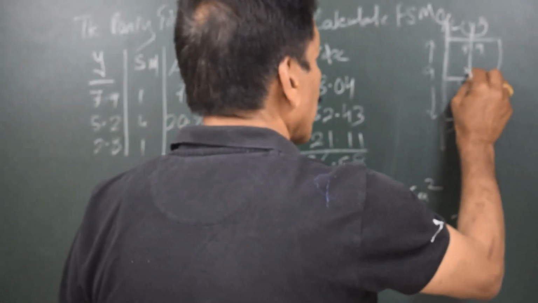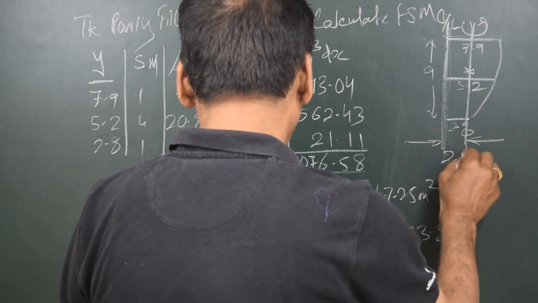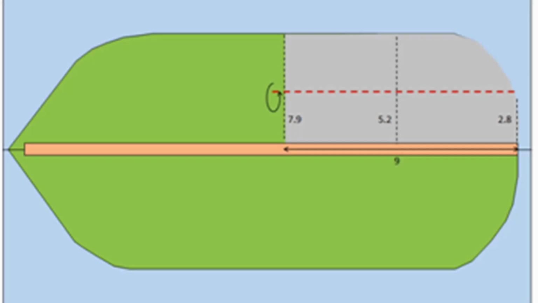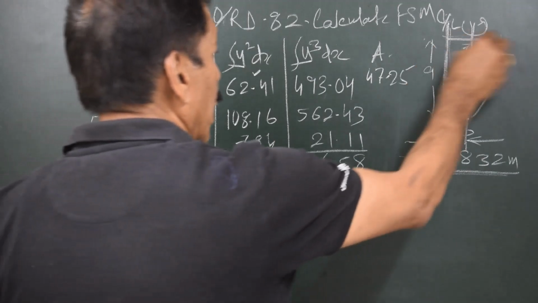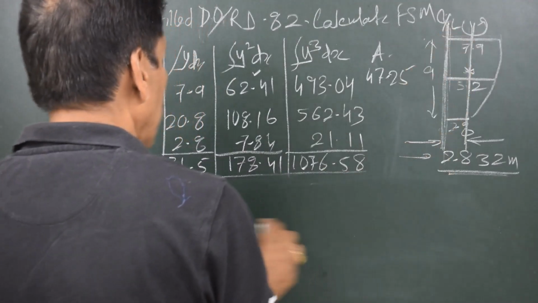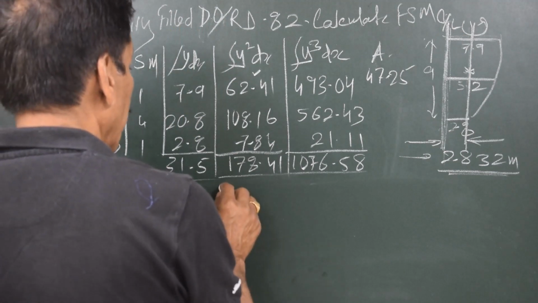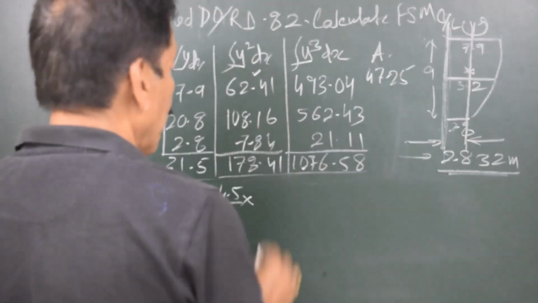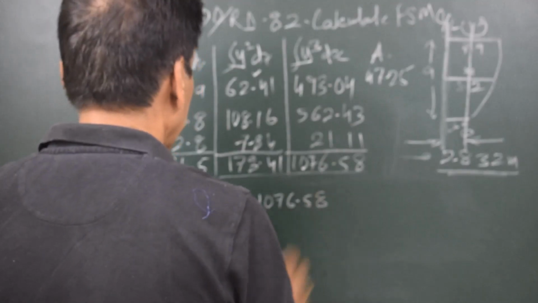So if this is the centroid, this distance is given as 2.832 meters. Now next I'll find the moment of inertia of this area with respect to the flat side. So that is 1 upon 3 into h upon 3, that is 4.5 upon 3, multiplied by 1076.58.